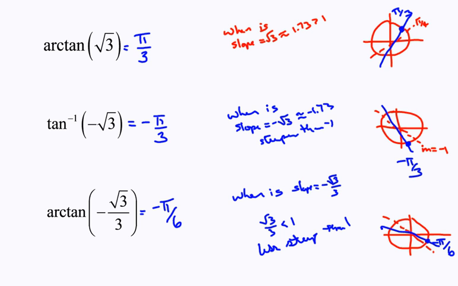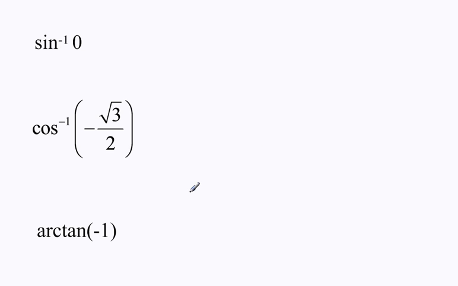All right, so now we're just going to mix them up and try a few different ones. So remember, ones like inverse sine 0, we want to know where is y equal to 0. All right, so we come in here. Our y value is equal to 0 in two places, right there and there. But remember, anytime we have anything over here, we choose this one, which is at 0.